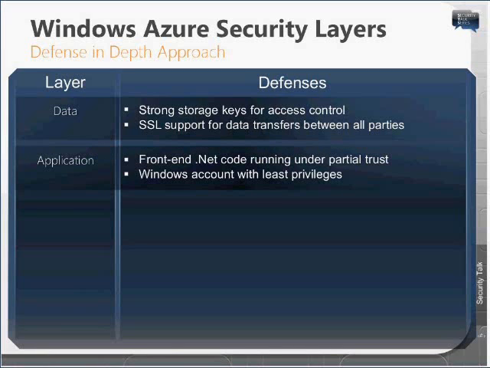At the application layer, you can run your code on what is called a partial trust environment. In a partial trust environment, you basically block access to non-native code, to native code or non-.NET, non-managed code. So your applications basically run always as managed code.